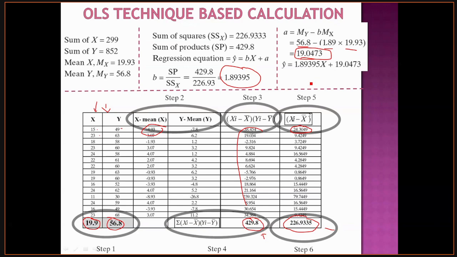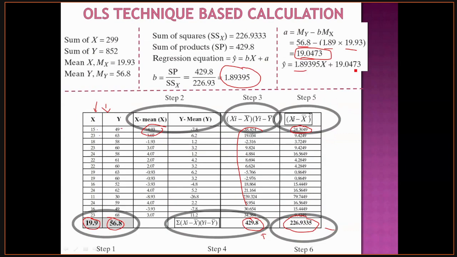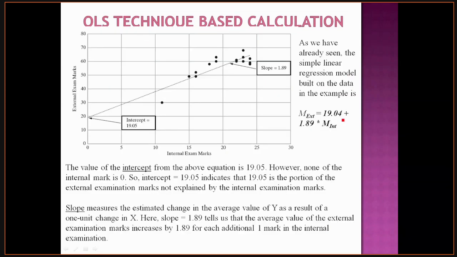Now, what is going to be my equation? Y is equal to bx plus a. So what is b? 1.89. So the equation will be y is equal to 1.89x plus 19.04. This is going to be my equation.